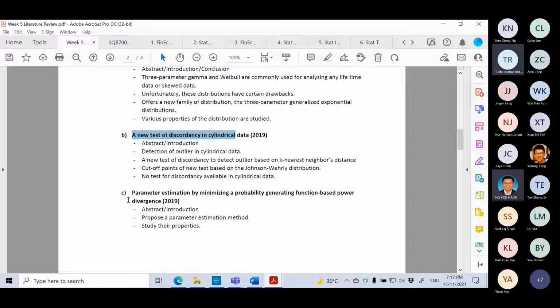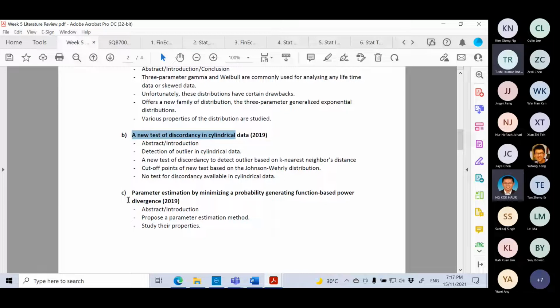Some of you, maybe your background is not really from statistics. You know how to use statistical software, for example SPSS, R, MATLAB, or Minitab. They have many statistical software packages available. When you want to fit your model, you just key in your data, click the command, and you get your result.